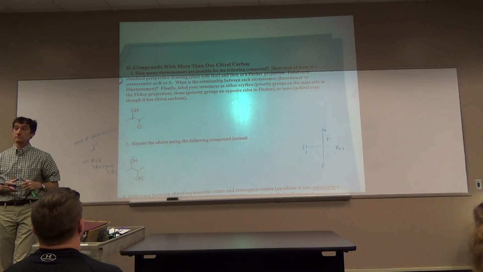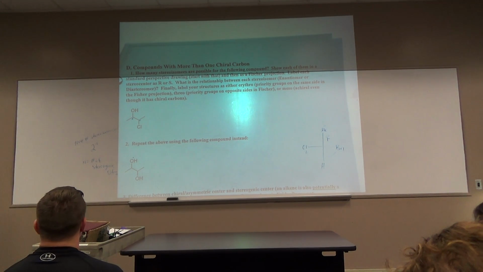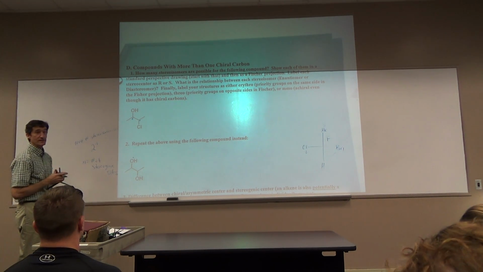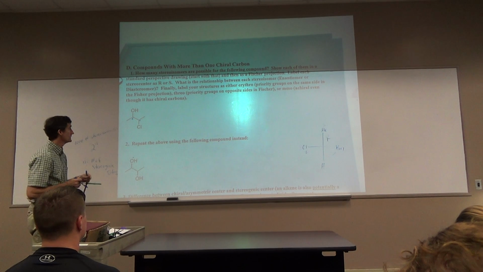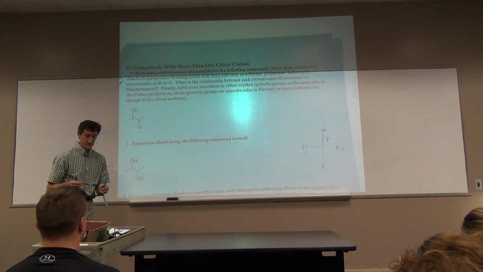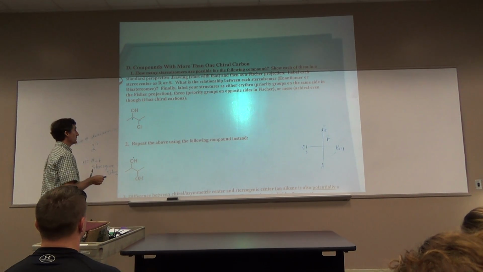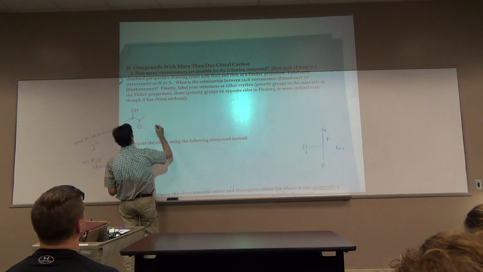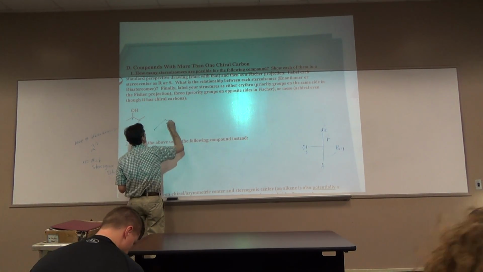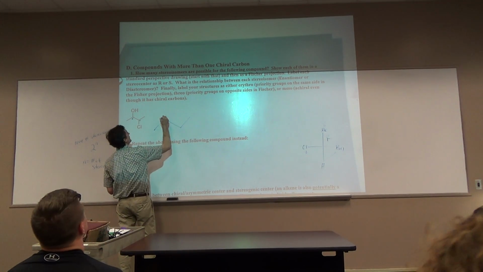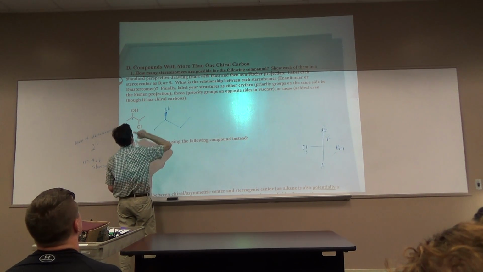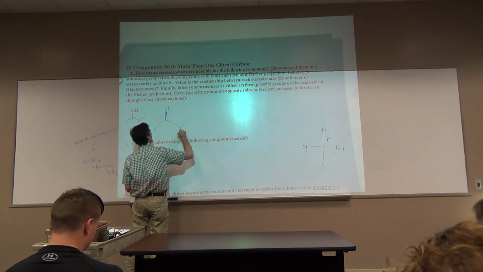Okay, draw all four of them, and label the chiral carbons in each one. Do you want me to get you going? Let's draw the first one. How about if we do that and that?